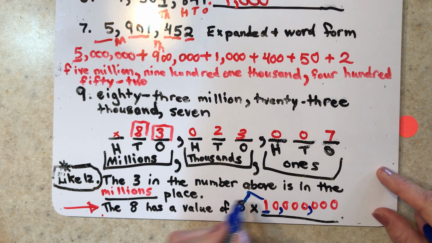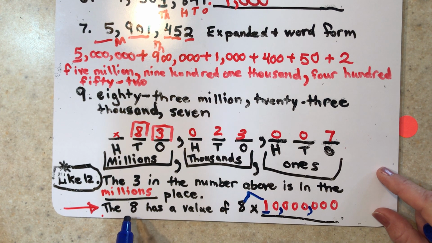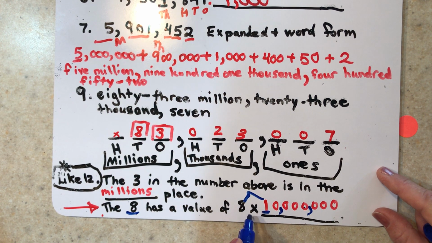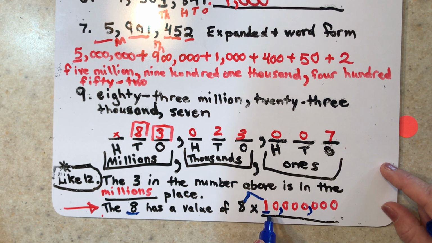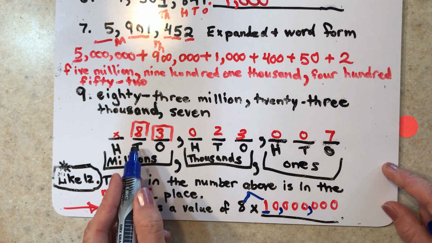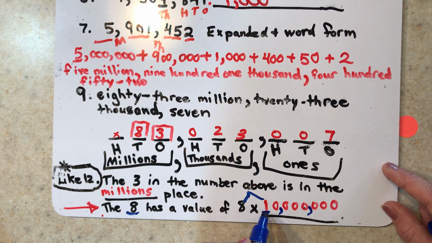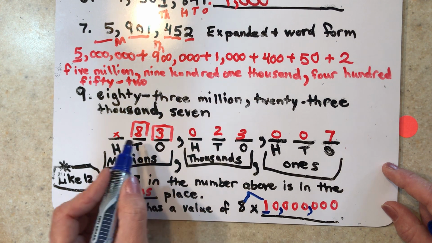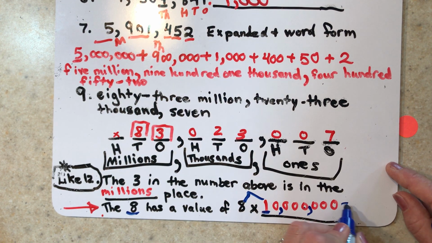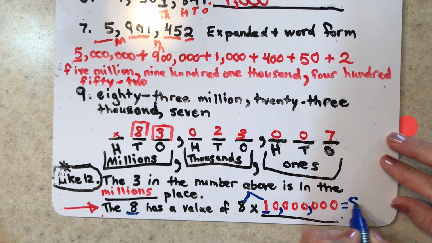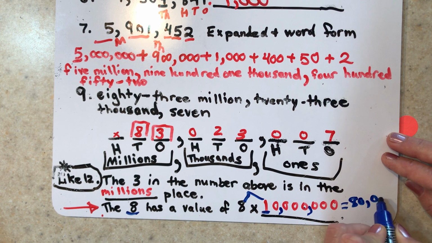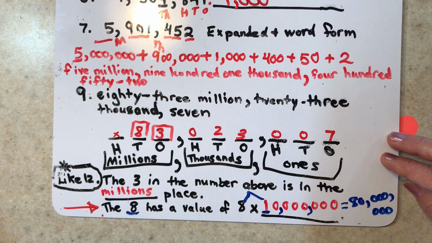I know that 8 times 1 is still 8, so 8 has the value of 8 times 10 million, because it's in the 10 millions place. 1 times 8 is 8. It'd be worth 80 million when you put that all together. 80, comma, 0, 0, 0, comma, 0, 0, 0, 80 million.